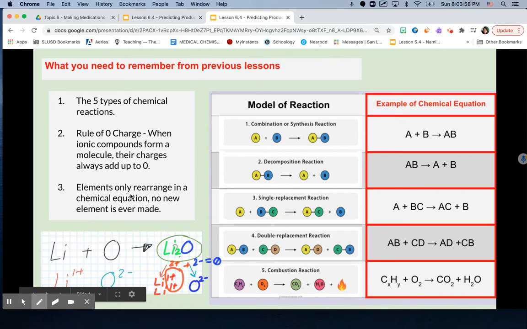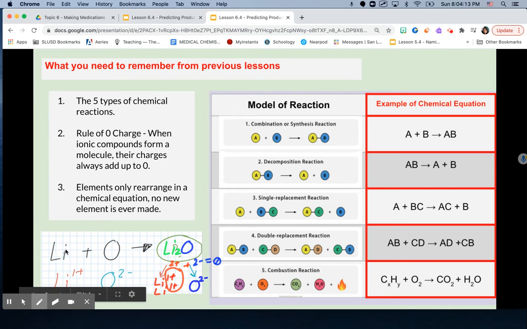And then thirdly, kind of related to the 5 types of chemical reactions, know that in a chemical reaction or a chemical equation, no new element is ever made.